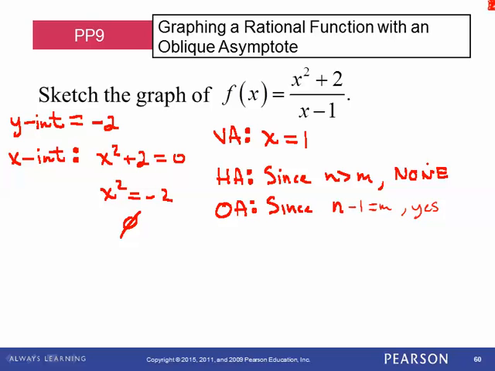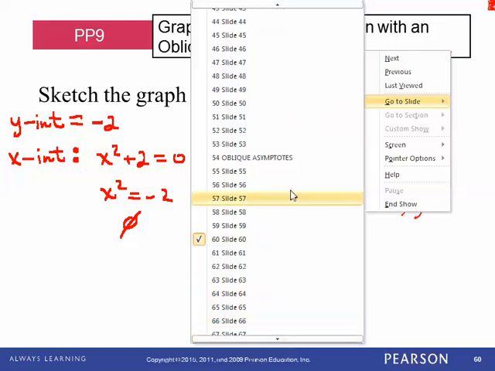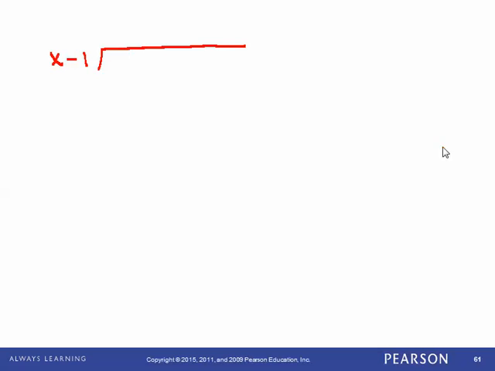So again, have to do long division here. And long division on our hands here.